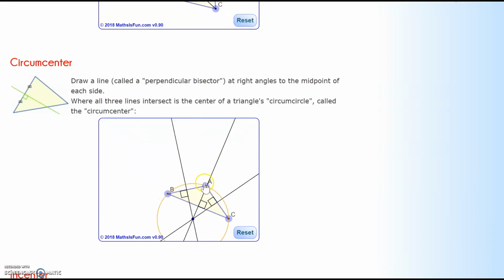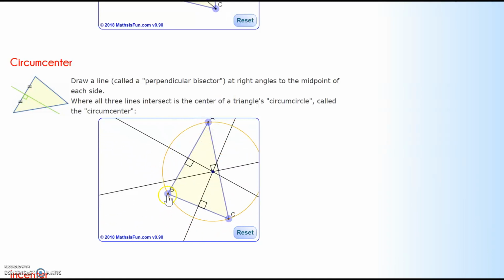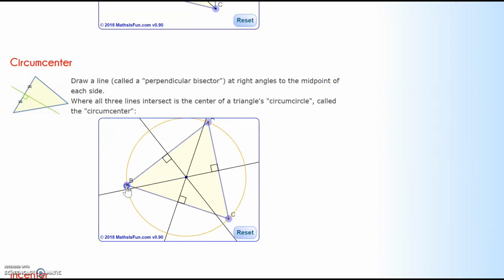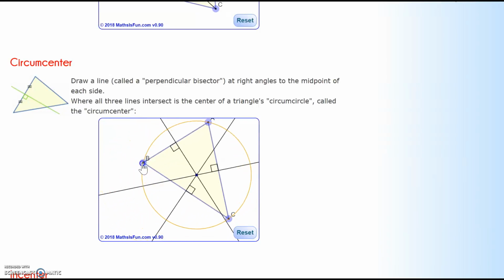See how it stays the same, but it can go outside of the triangle. You can play with this. This is at mathisfun.com, triangle centers, and I'll make sure you have the link.